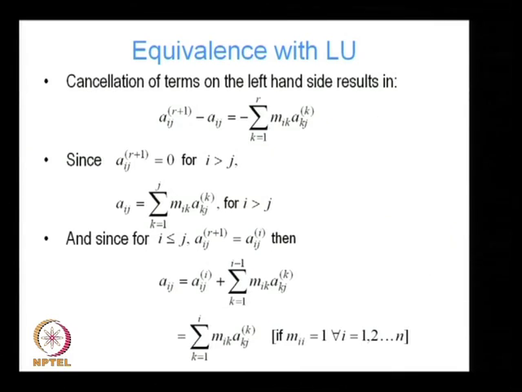Then we can write a_ij is equal to a_ij^(i) plus sigma m_ik a_kj^(k), k equal to 1 through i-1, which we can combine these two terms together and write it as sigma k equal to 1 through i of m_ik a_kj^(k), if we assume that for a_ii, m_ii is equal to 1. So, we are putting these two terms together and writing it within the summation and extending the summation index from i-1 to i.